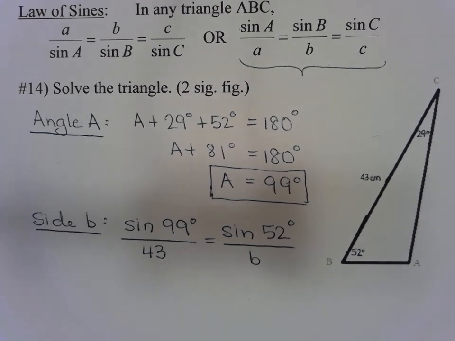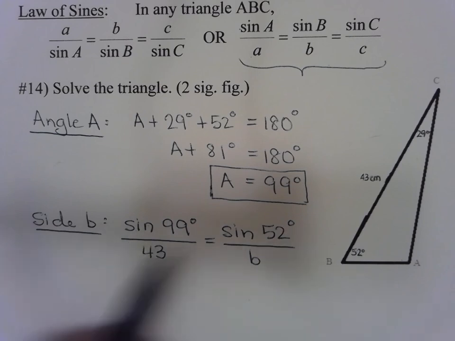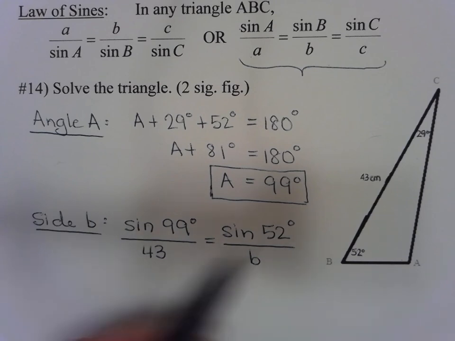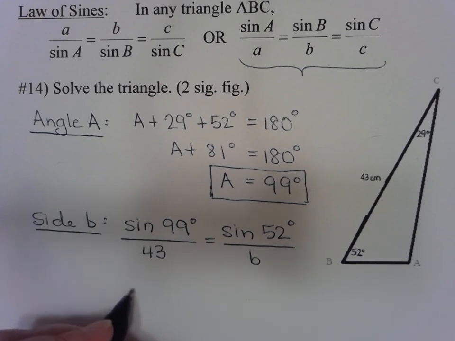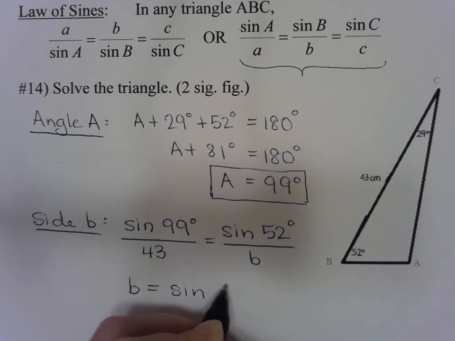Okay, so if I multiply both sides by b, that's going to bring the b up here. And then I can multiply by 43 and divide by sine of 99. I'm going to do all of that at once. I hope you're okay with that.